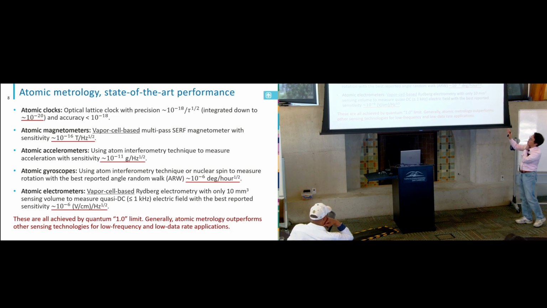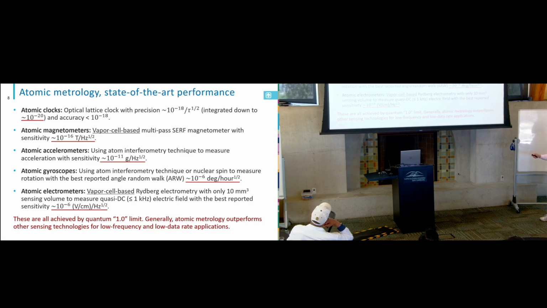Why we say atomic metrology is the best, because it does deliver the best measurement performance. So for example, atomic clocks. These days, I mentioned the best atomic clock is the optical lattice clock. Currently, they can get precision down to 10 to the minus 20 with accuracy smaller than 10 to the minus 18.